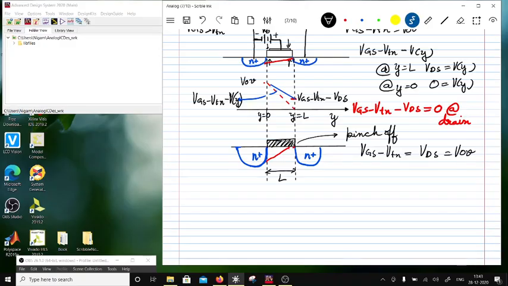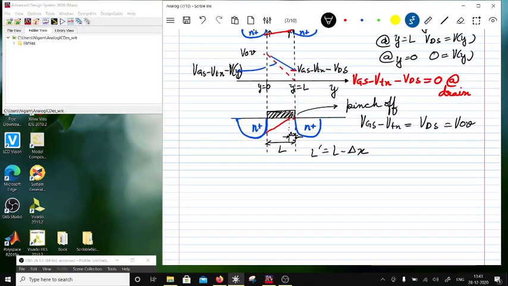And then there would be a modulation of the length. So this is delta x. So the length has become L dash, L minus delta x. So this is referred to as channel length modulation.